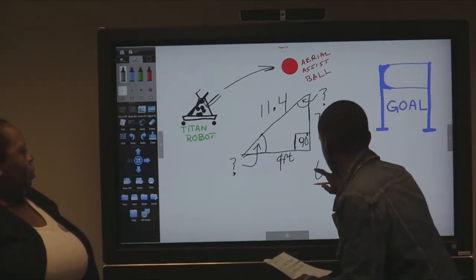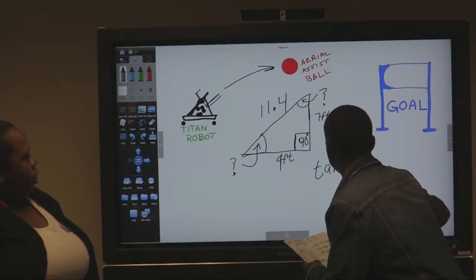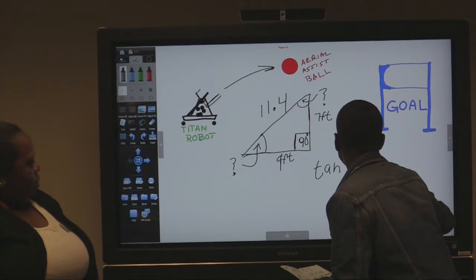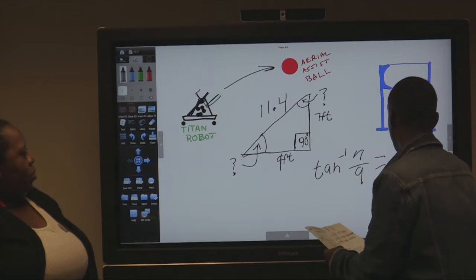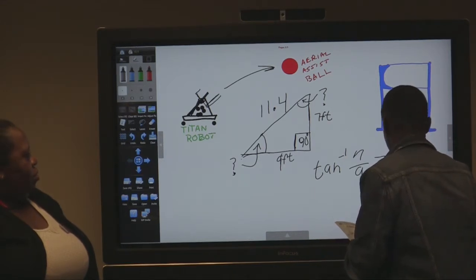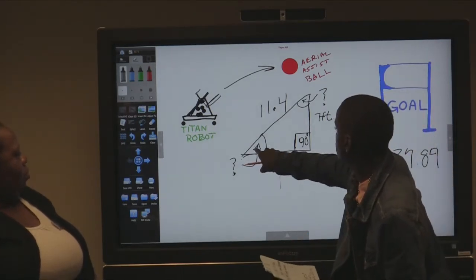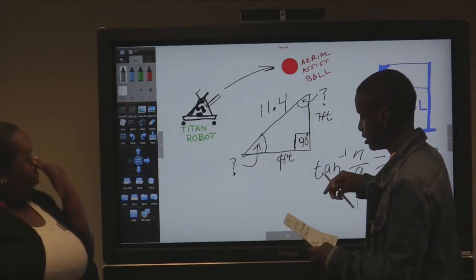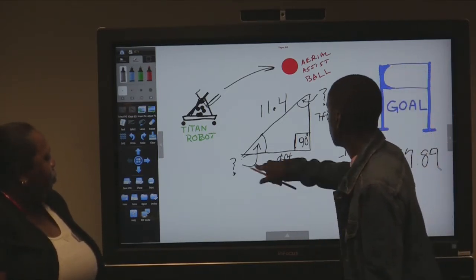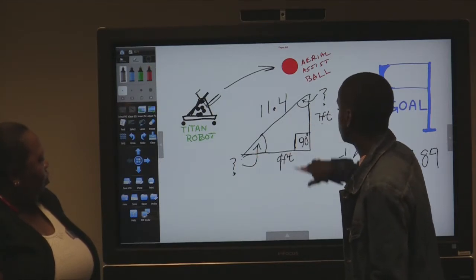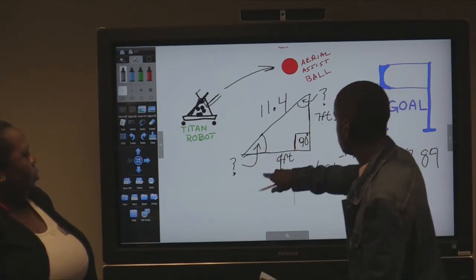So we get tan to the negative 1 of 7 over 9, and when you put it in the calculator, it gives you 37.87. We knew that was our angle right here, because tangent is opposite over adjacent. We have our opposite, and we have our adjacent, which is running along the angle we're looking for.